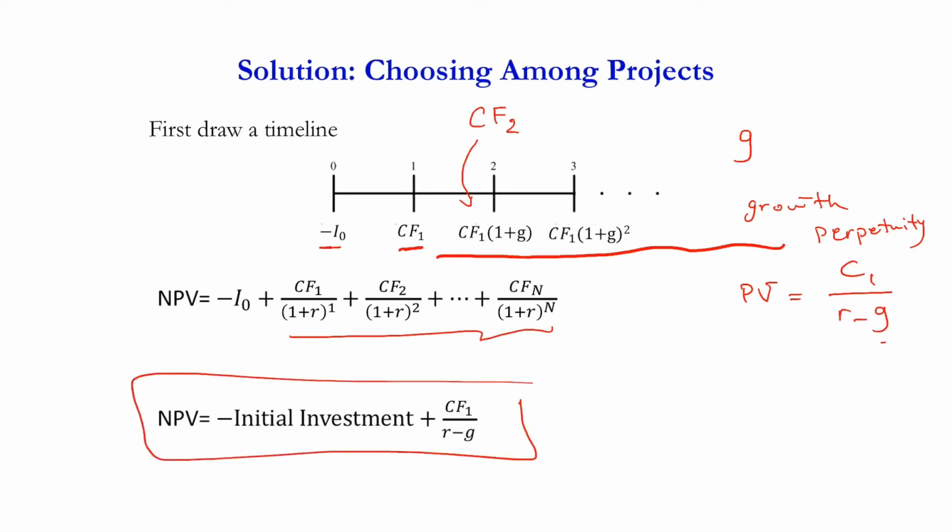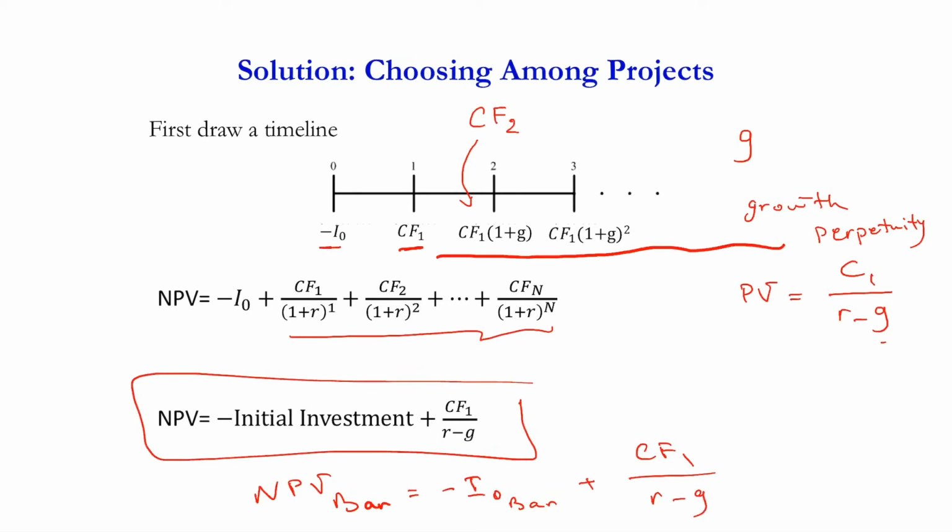We have our initial investment plus the present value of all of these cash flows for each project. For example, if I want to calculate the NPV for running a bar, it would be the initial investment of the bar plus the cash flow at the end of the first year for the bar, divided by its cost of capital minus its growth rate.